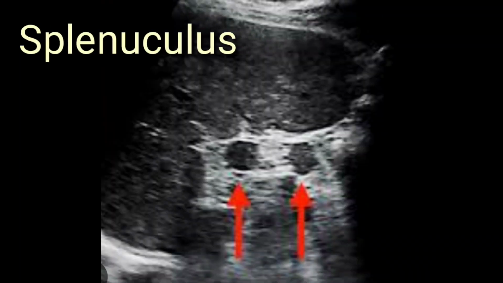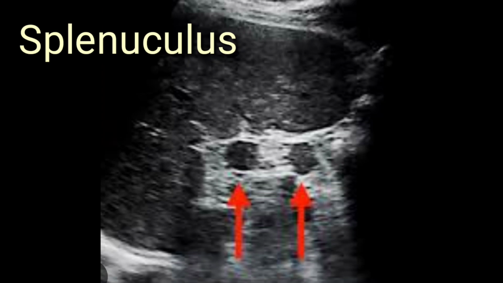On this image, again, two small well-defined hypoechoic nodules can be seen in the hilum region, pointed by the red arrow. The spleen is visible and slightly enlarged in size. These two small nodules are spleniculi, which I have mentioned earlier.